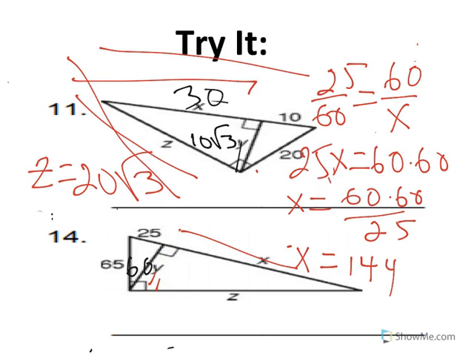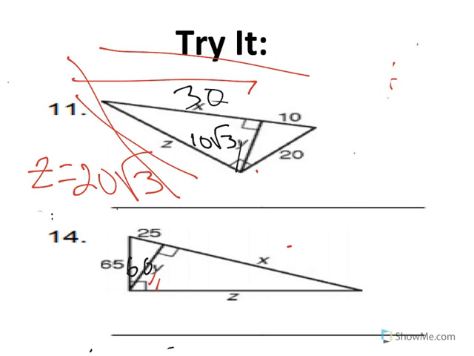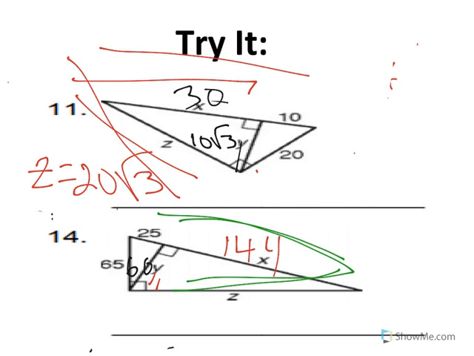Okay, so let me clean this up. So x is 144. So from there we can solve for z. So then we go 144 to z and z to 144 plus 125.